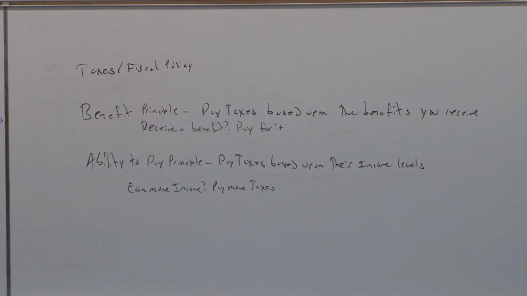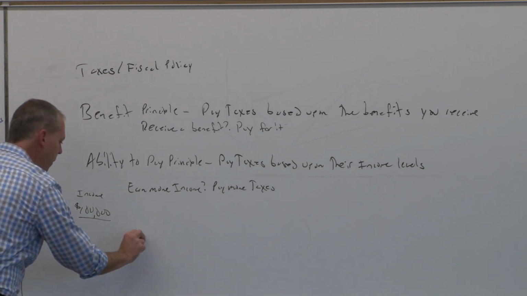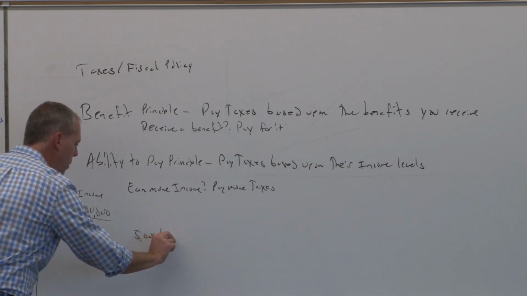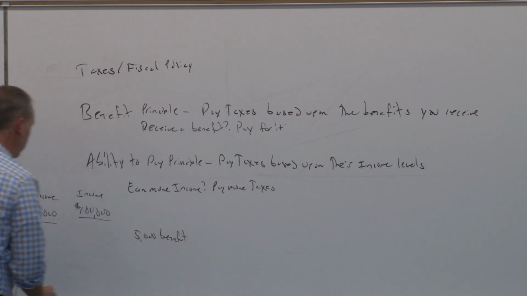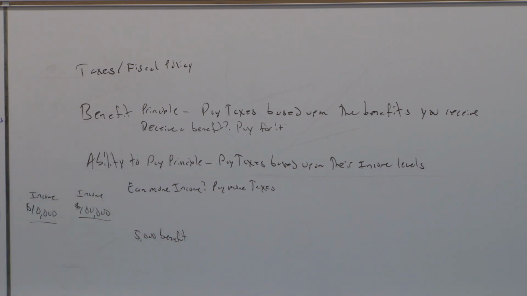Yeah. Here's two income levels. They're both receiving $5,000 in benefit. National defense. Everybody receives the exact same amount of national defense.